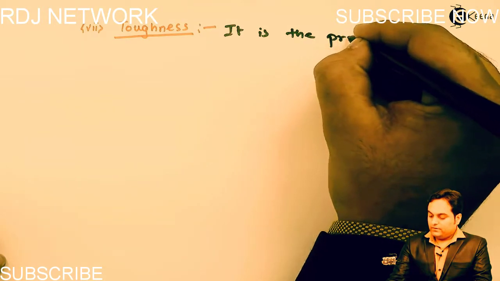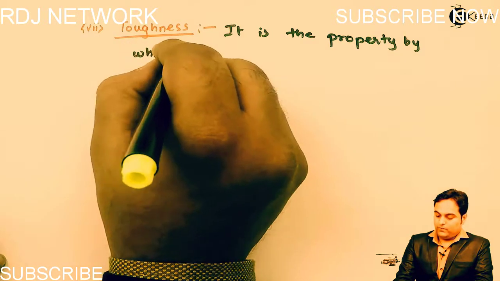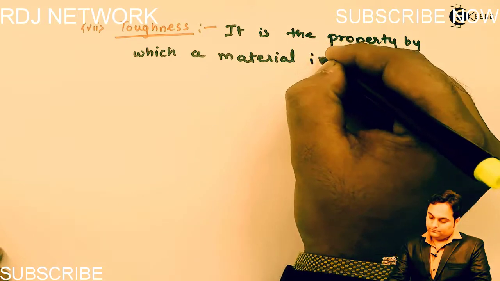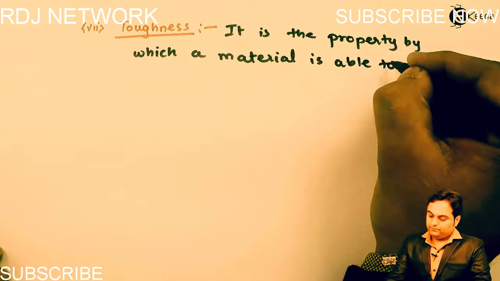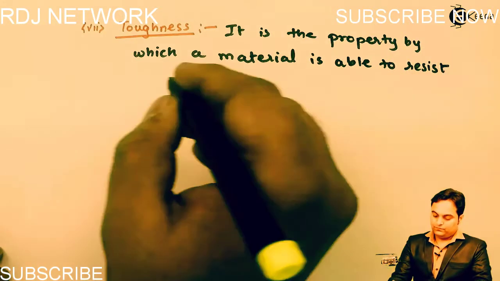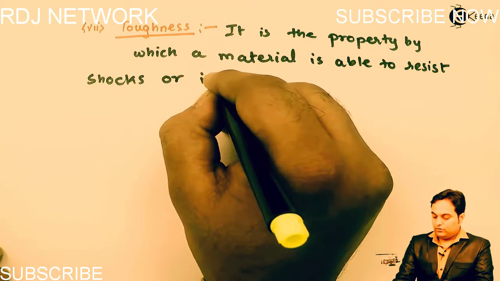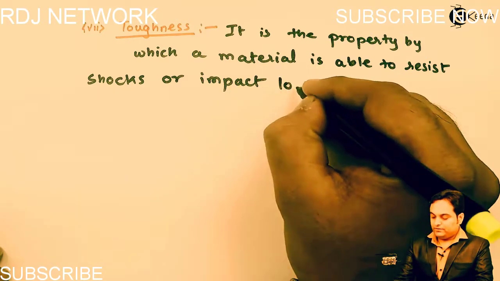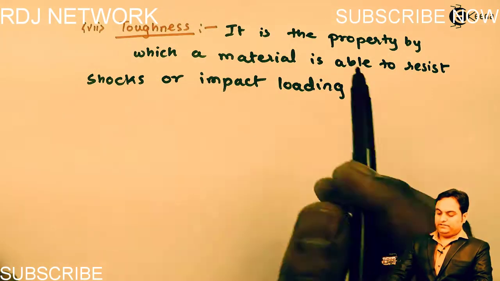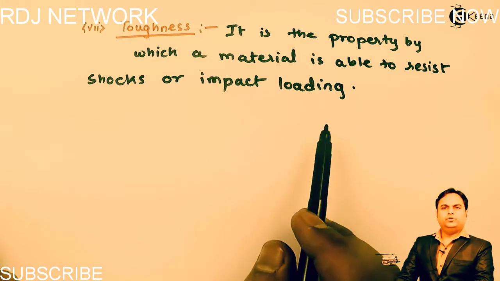It is the property by which a material is able to resist shocks or impact loading. It means that toughness is the property by which a material is able to resist shocks or impact loading.